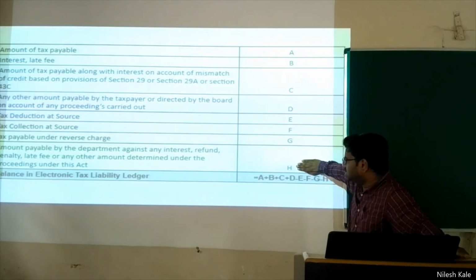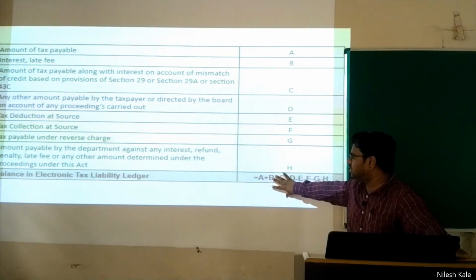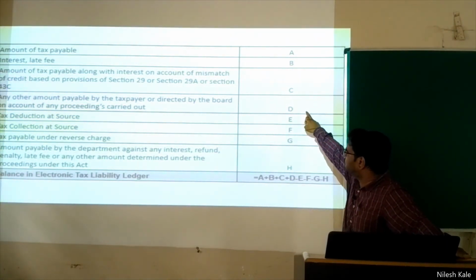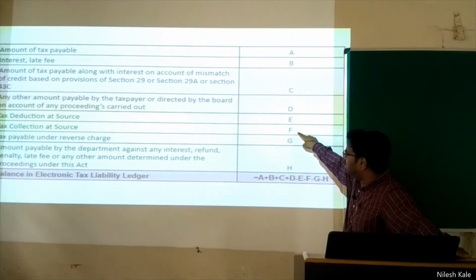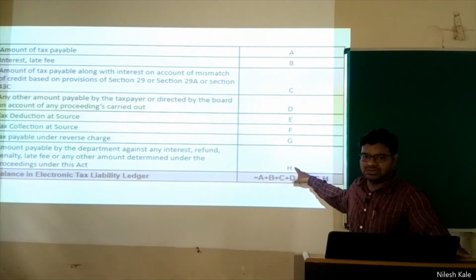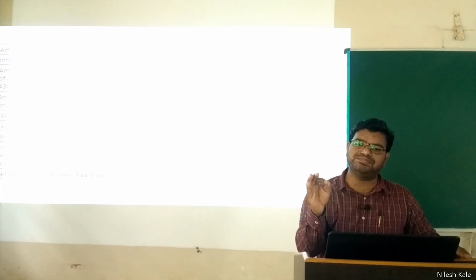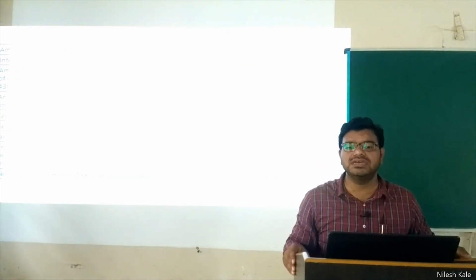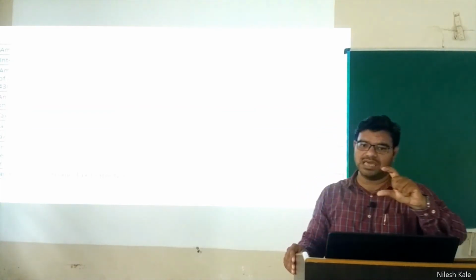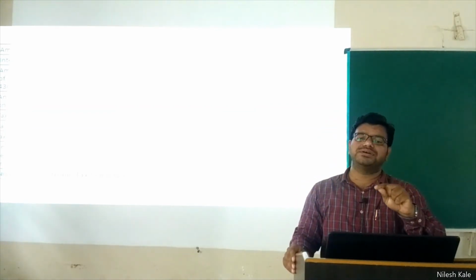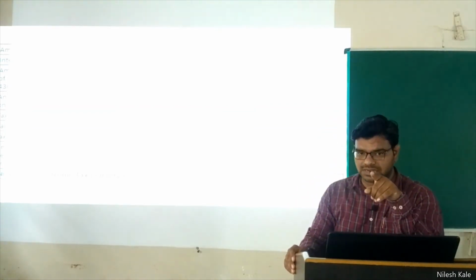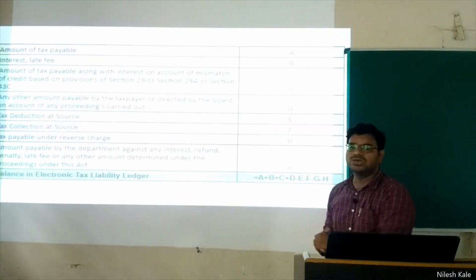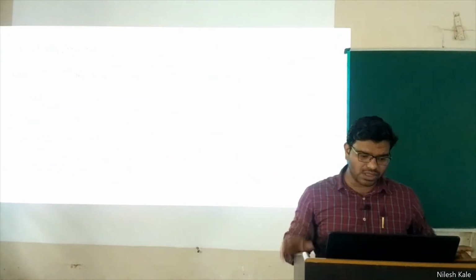Understanding that transaction is here, this is H. So total will be A plus B plus C plus D minus E minus F minus G minus H. That will be your total tax liability. I am not saying payable, that is total tax liability, and this total tax liability will be reduced from electronic credit ledger, and then you have to pay through electronic cash ledger, right?